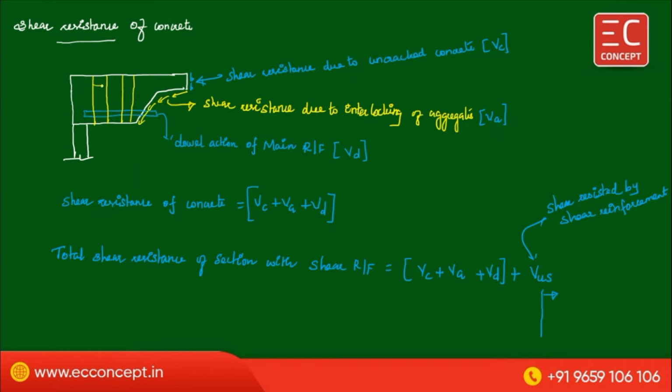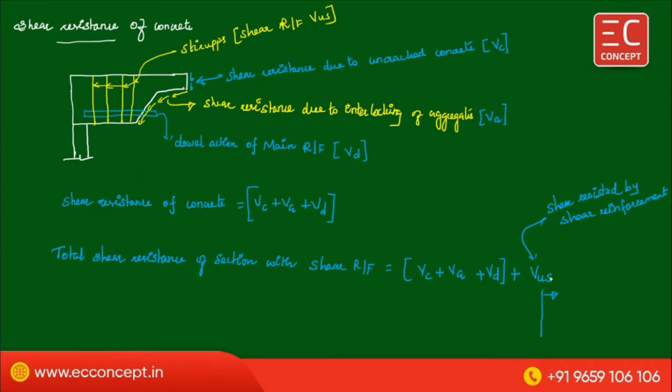So these all are called stirrups. Stirrups are shear reinforcement, VUS.